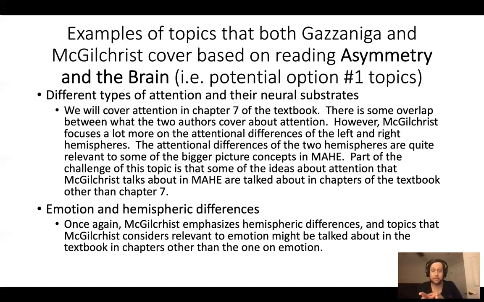We do have a unit, just about a chapter, on attention, but if you start to understand the big picture ideas about attention, you'll start to see where in each individual chapter there are references to ideas relevant to attention. I have one specific idea in mind, in a chapter other than chapter 7, where Gazzaniga talks about hemispheric differences that are definitely relevant to what McGilchrist talks about in terms of hemispheric differences in attentional style.